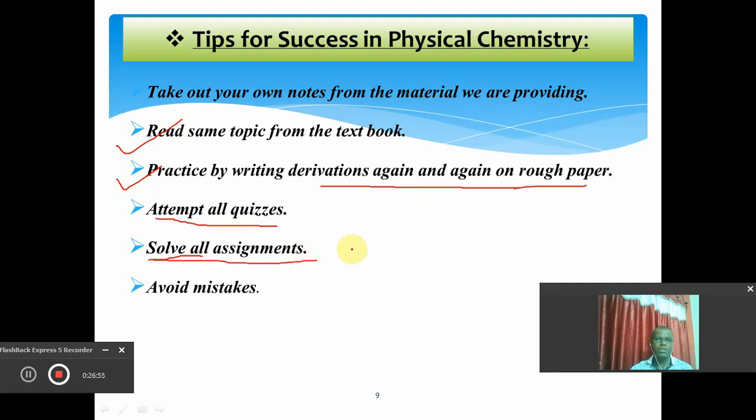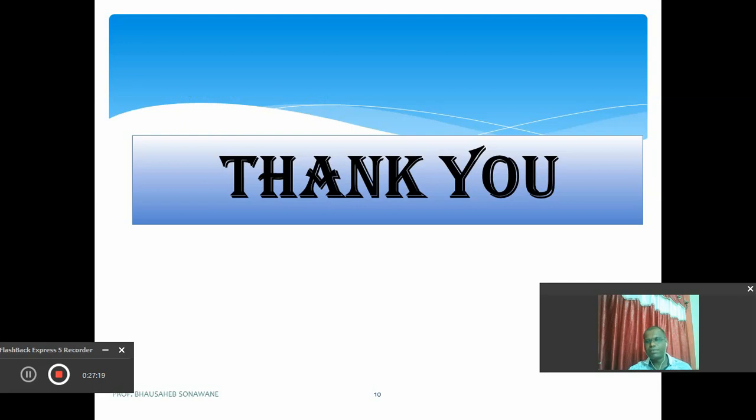So you have to solve all these assignments, and submit them by various modes that we will tell you, and try to avoid mistakes. If you make some mistakes, after checking the assignment and after attempting the quizzes, if you come to know what the mistakes are, then try to avoid these mistakes next time. So from my side, these were the tips for you all to get more success, to get more marks in the upcoming examination in the first year BSc, to have a great future.